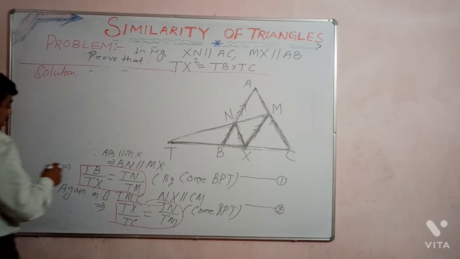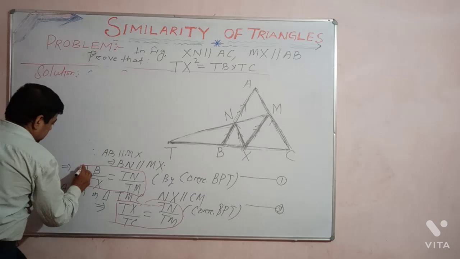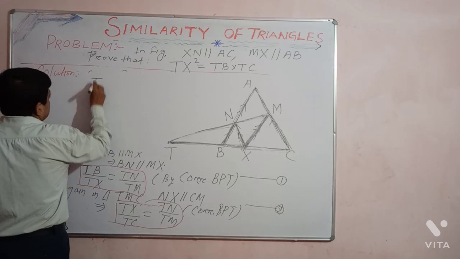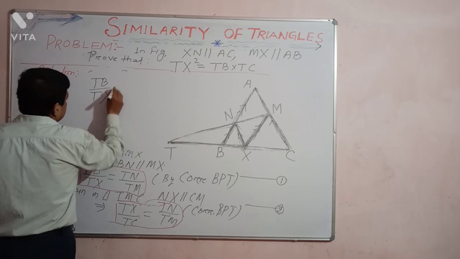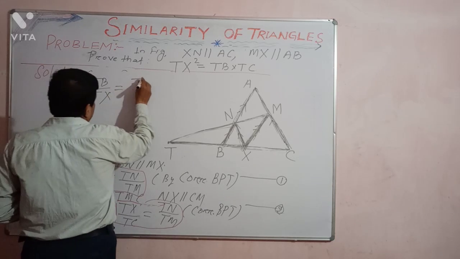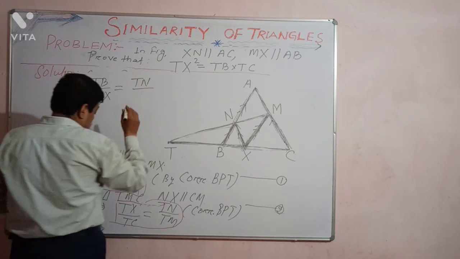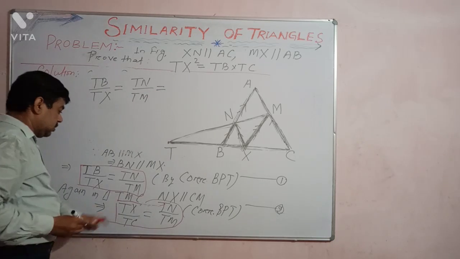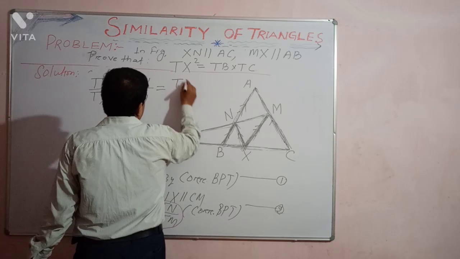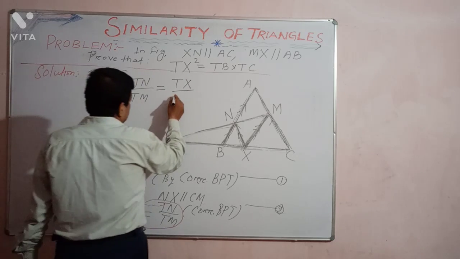TB by TX is equal to TN upon TM, and TN upon TM in equation 2 is equal to TX by TC.